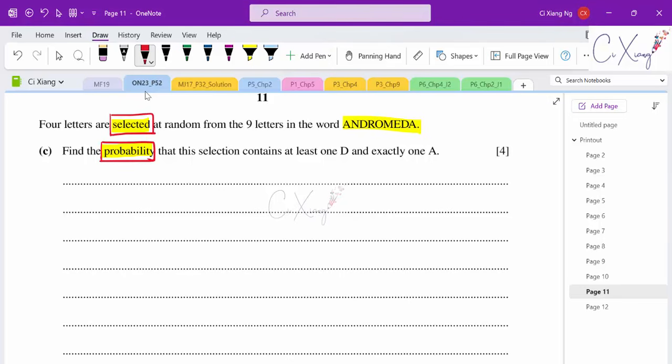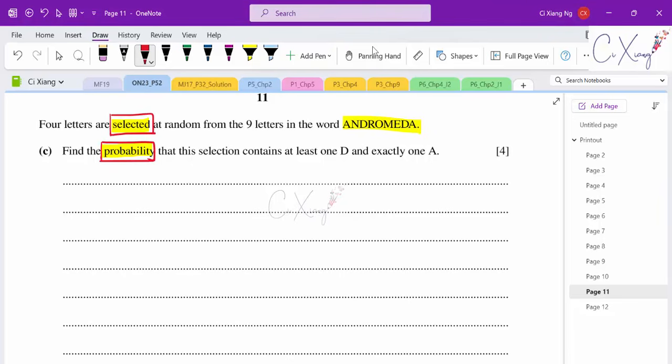When you calculate the number of combinations, usually for all the identical letters, we are not going to consider the arrangement because they are identical, so usually we list out the cases and then we calculate without choosing the identical letter. But for probability of combination, you need to select among the identical letters, because the identical letters actually mean that you are having a higher chance to select them. So for probability, you have to include all the identical letters in the selection.